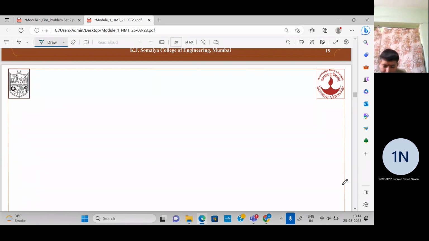Problem 9. First of all, write down what is given in the problem. The diameter of the fin is given. So diameter is 12 mm, that means it is 0.012 meters. The length is 60 mm, so it is equal to 0.06 meters.